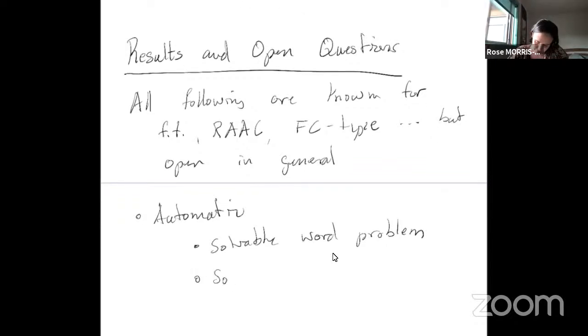Similarly, it means there's a solvable conjugacy problem. There's a finite time algorithm that will help me figure out if two elements are conjugate to each other.